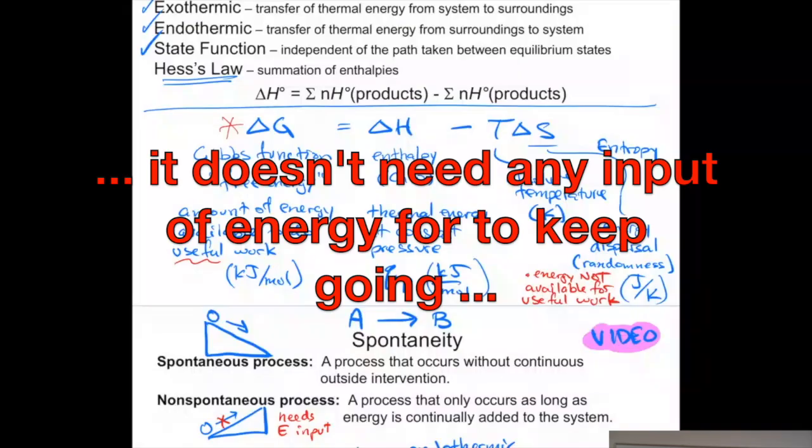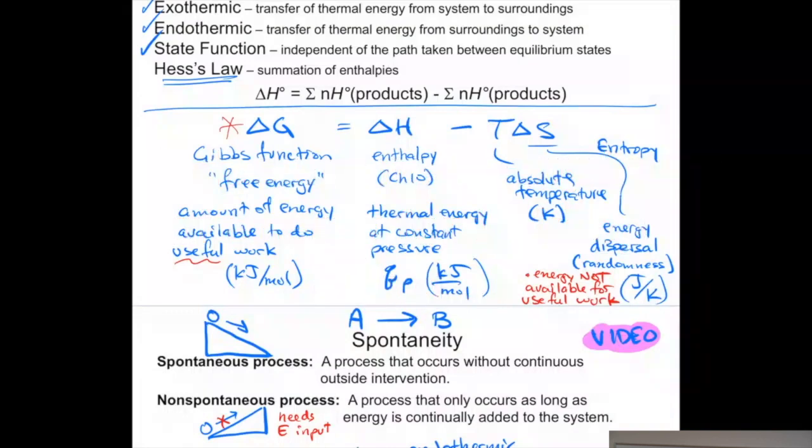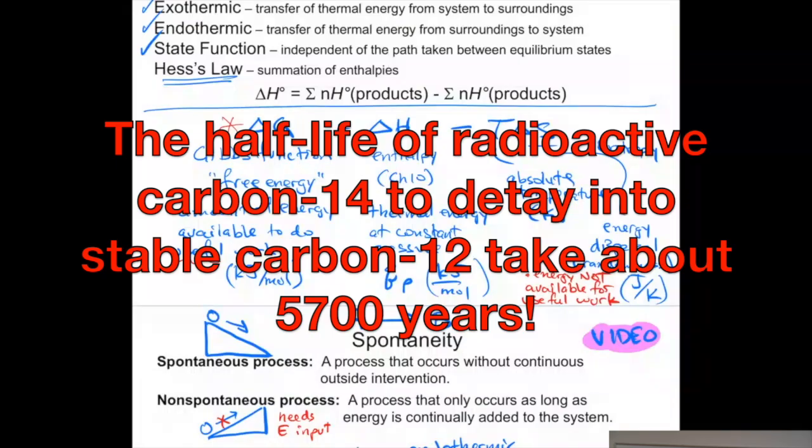In the video I gave you a couple of examples of that, like rust. You leave something metallic outside, and eventually it will rust, but it takes a long time. Rusting is not instantaneous. For all you carbon daters out there, if you want to know how old something is, you take carbon-14, which is radioactive, and you wait for it to decay into something stable.